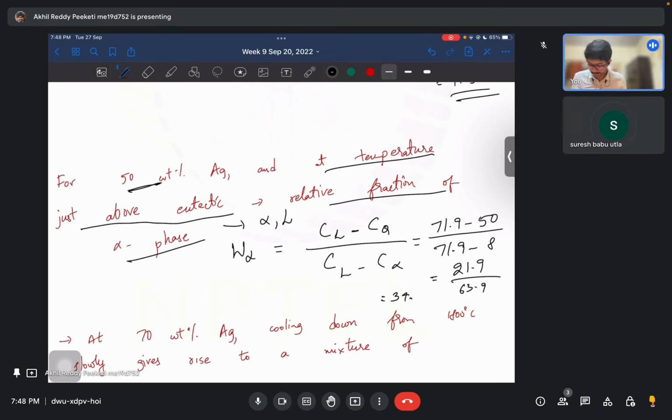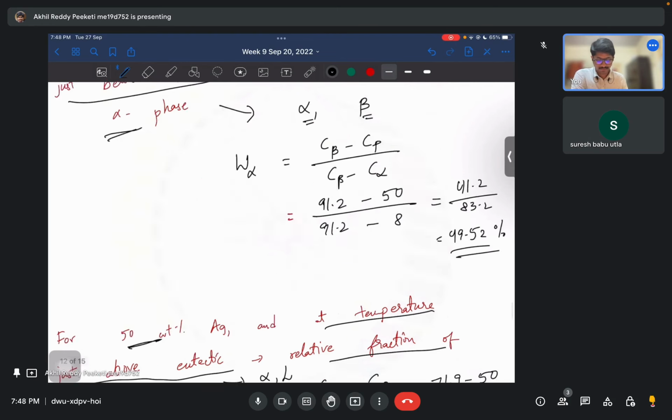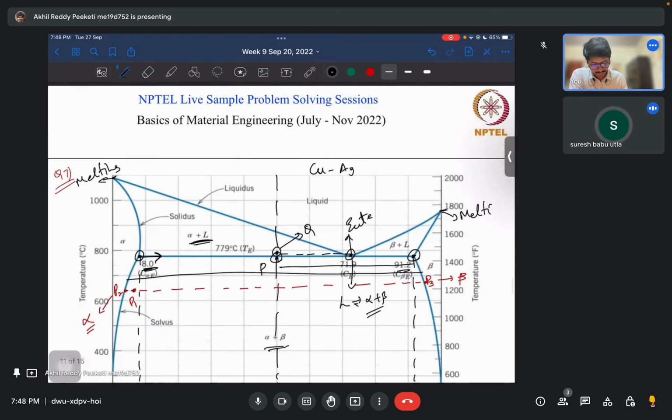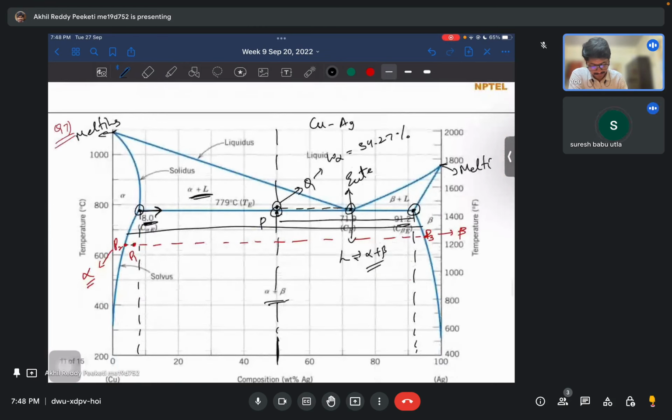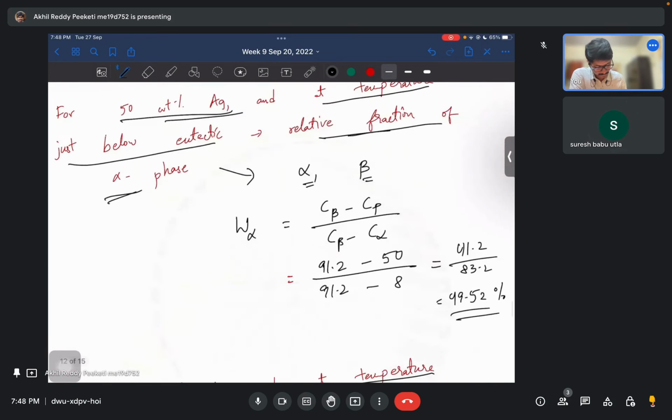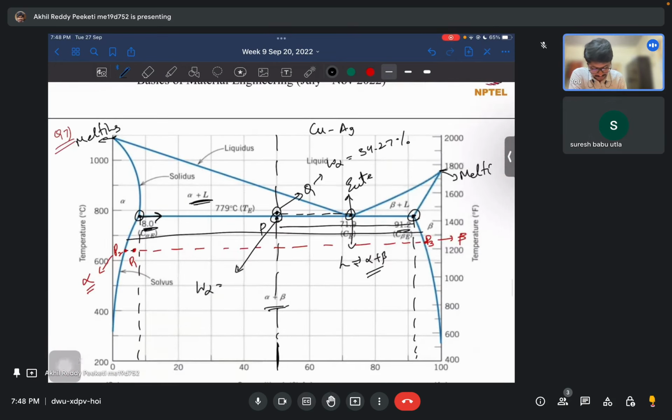So 21.75%... so here alpha is 34.27% weight fraction, and here we will have alpha of 49.52%.